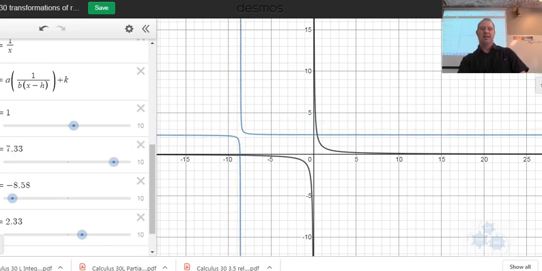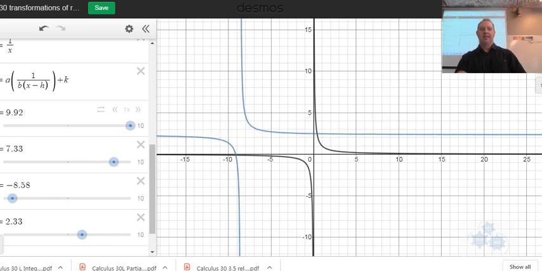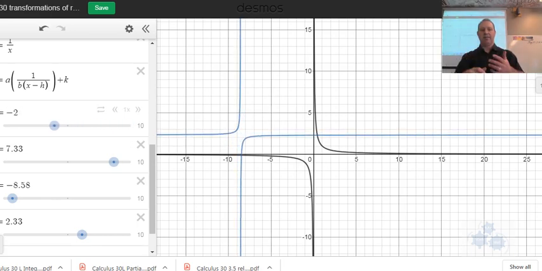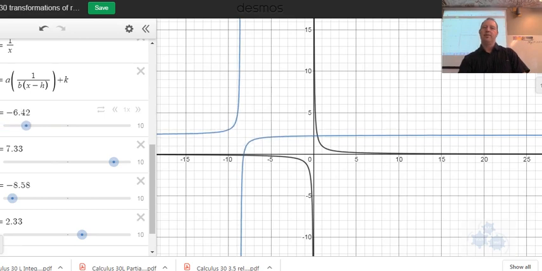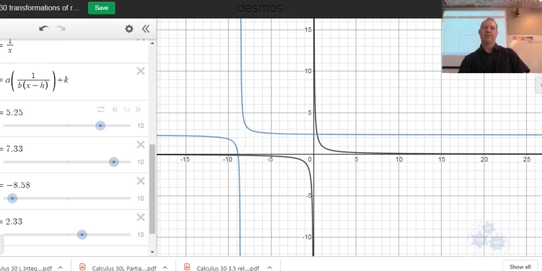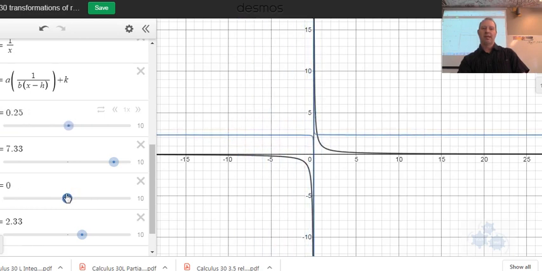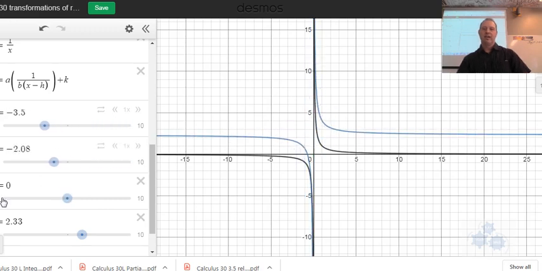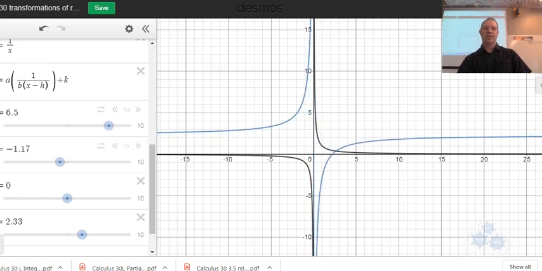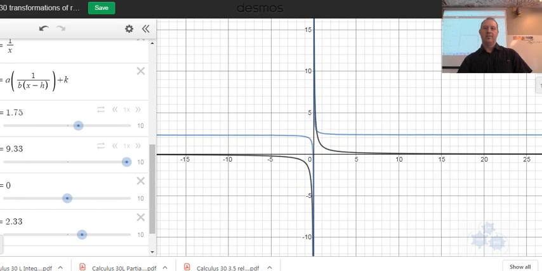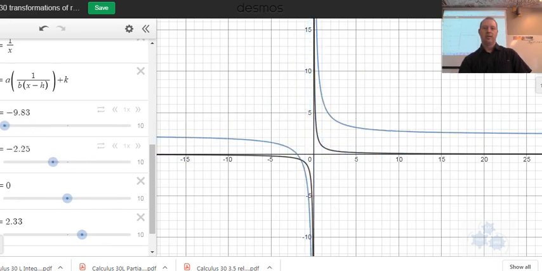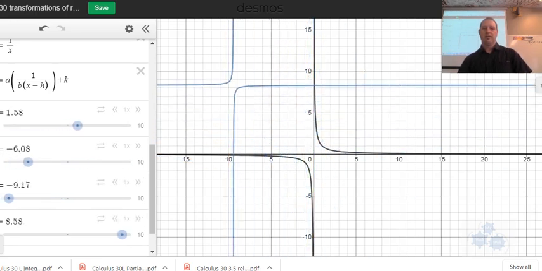Then a stretches up, and what happens when it gets negative? It flips around. What happens if you let a and b move at the same time? When they're both negative, they should flip, so they're kind of counteracting each other a little bit. They balance each other off. There you go. Move h and k around.